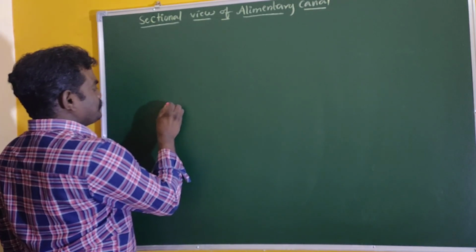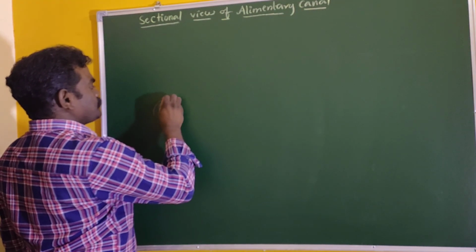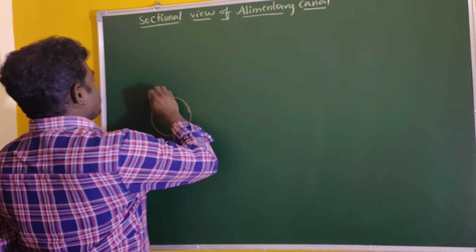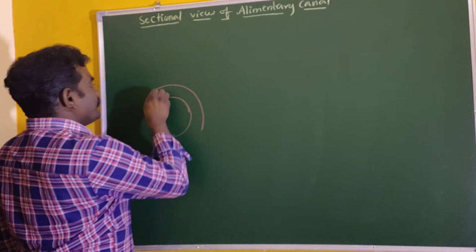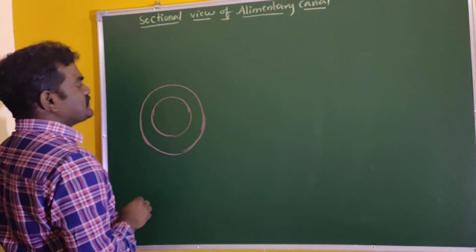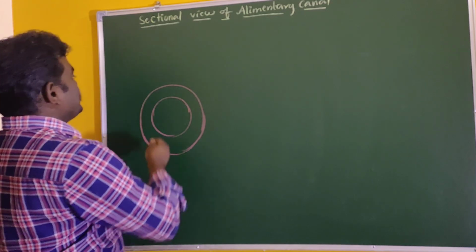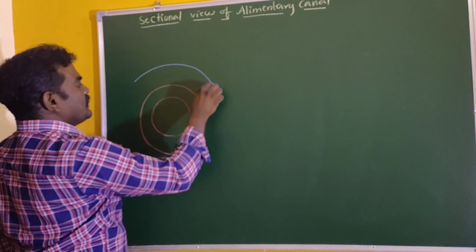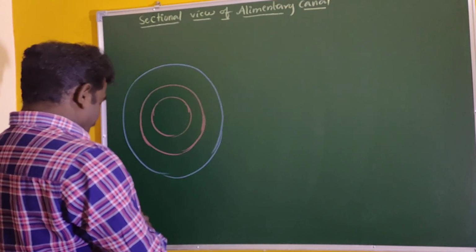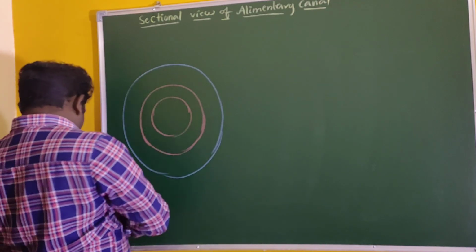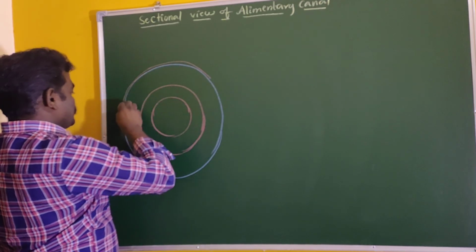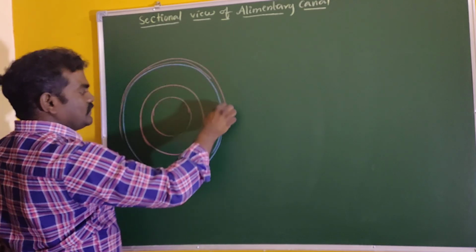From inside to outside, the first layer is mucosa, the second layer is submucosa, the third layer is muscularis, and the fourth, the last layer, is serosa.